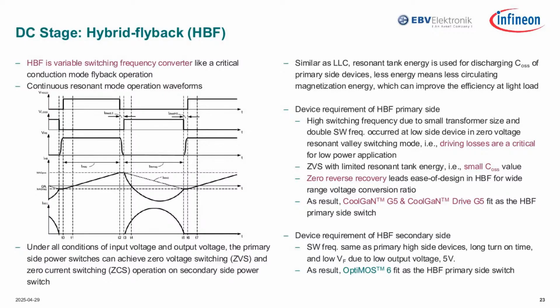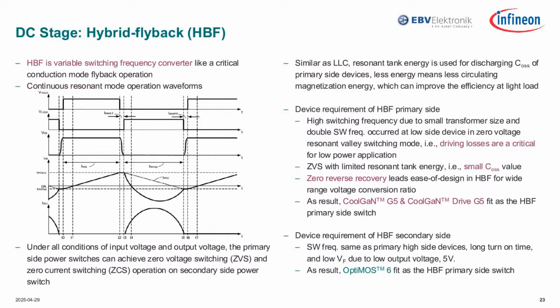Because this is a wide range output voltage, the operation is at variable switching frequency. That's why you need to consider driving losses as one of the critical points, particularly in low power applications. With zero voltage switching, we can achieve very low switching losses, but driving losses we cannot avoid. We need to drive our device.